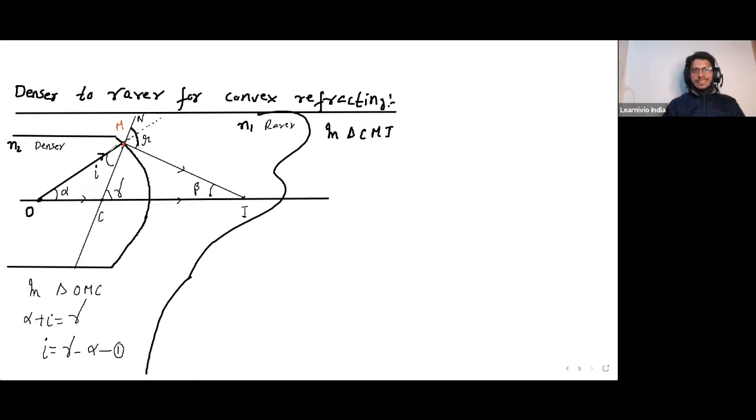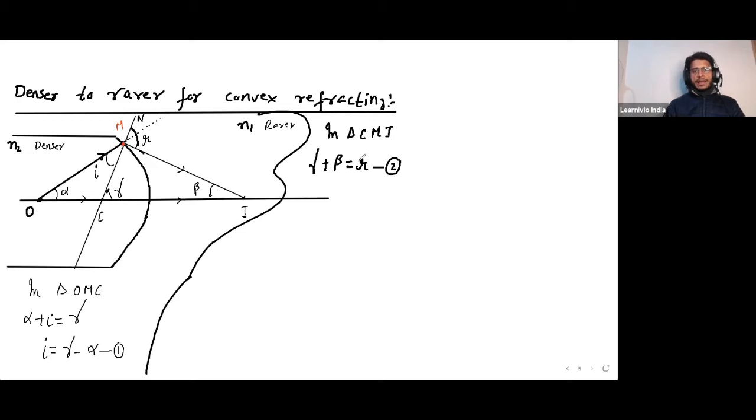It's always between the extended side. So this side is extended and this is r. So in triangle CMI, I can write that gamma plus beta is equal to r. Let's call this equation number 2. This is r, which is gamma plus beta.